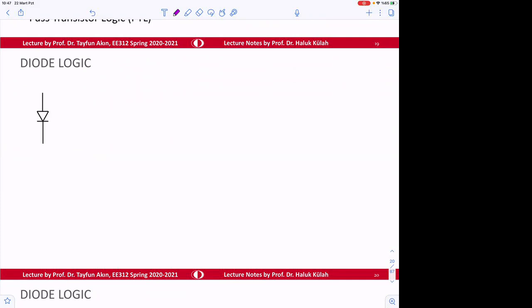As you know, the diode symbol is shown like this, and this is the plus side of this thing. So we call this thing V diode, and then the current through here is called I diode. And you know that the current characteristics of this is like this.